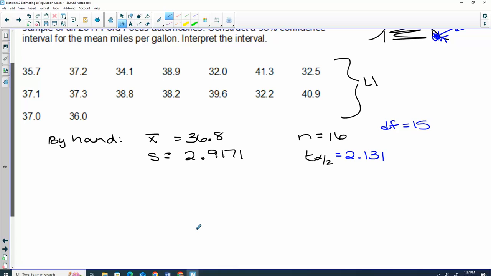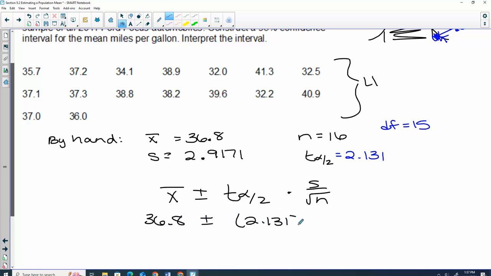So our formula, if you're looking on your formula sheet, it tells you x bar plus or minus t alpha over 2 times s over the square root of n. So x bar is 36.8 plus or minus t alpha over 2 is 2.131 times s 2.9171 over the square root of 16. Type in the minus first because we want our small value first.